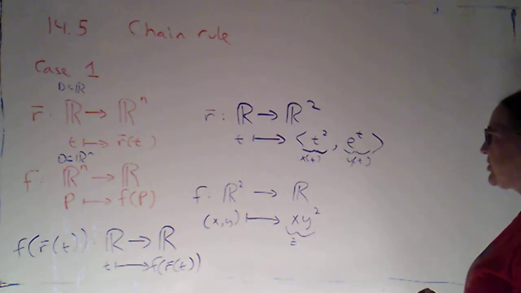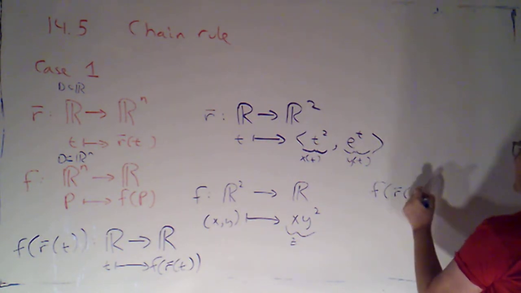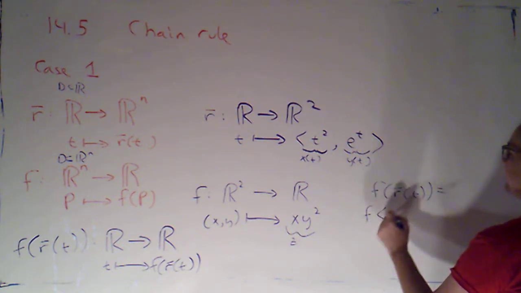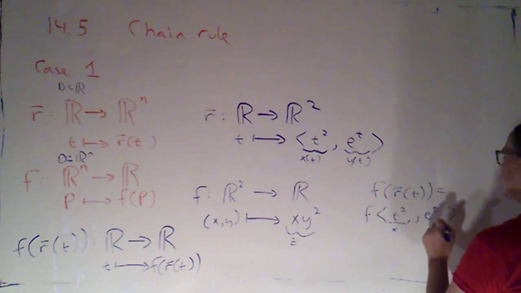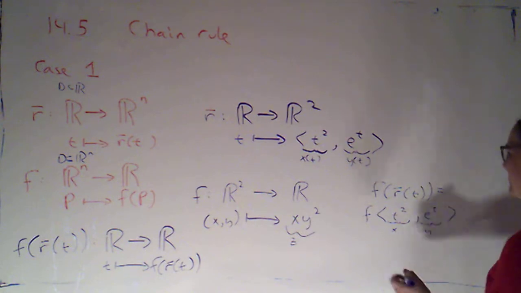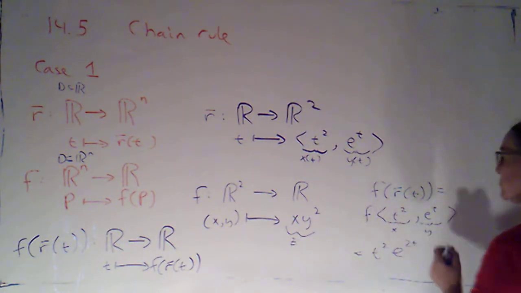Let's see what this function composition would look like. If I calculated f of r of t, that's just f of t squared, e to the t. That's my x. That's my y. I'm supposed to plug in to get x times y squared. That would just be t squared times e to the 2t.